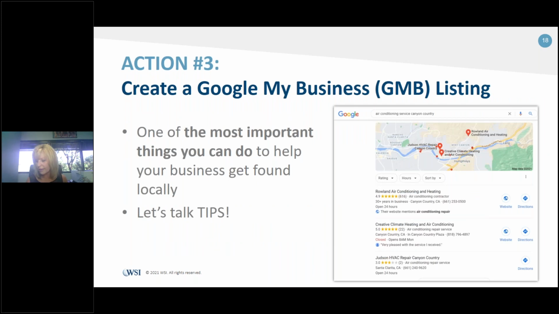Number 3 is my favorite, a huge one: creating that Google My Business listing that I talked about. It is one of the easiest ways to get a physical presence, to get a first page search result on a local business.